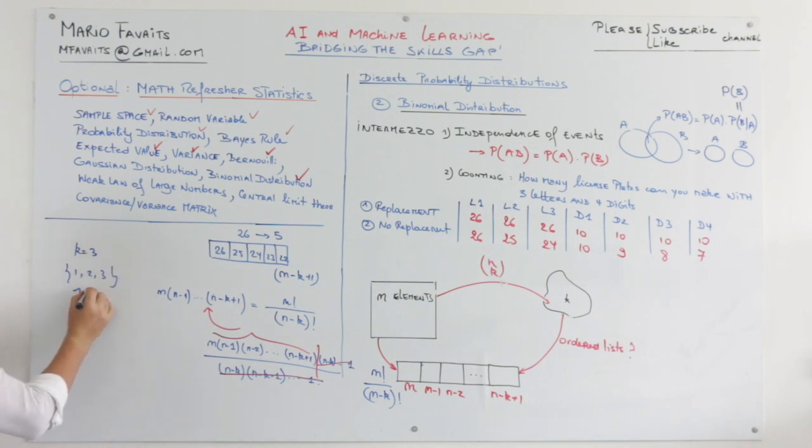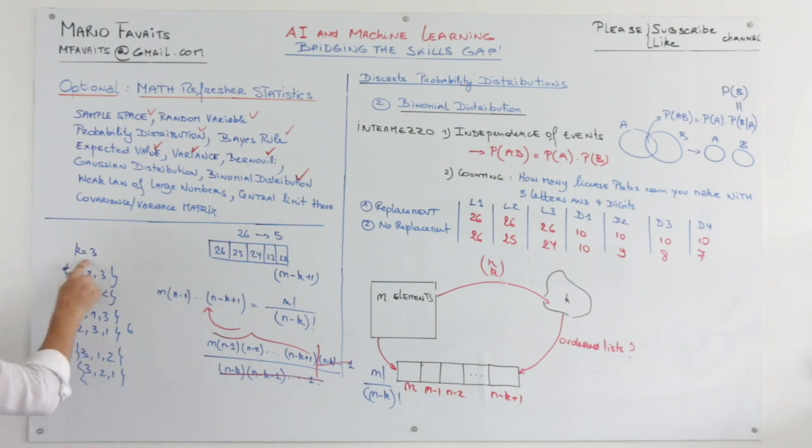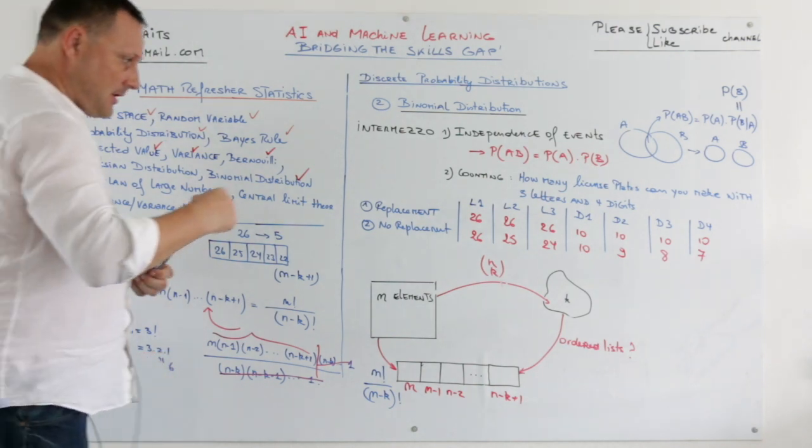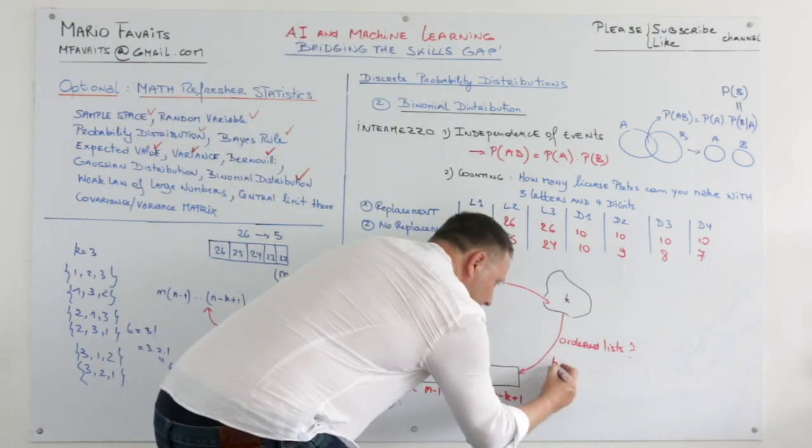And of course I can swap the 3 and the 2, or put the 2 in front: 2, 1, 3, 2, 3, 1. And then I have 3, 1, 2 and 3, 2, 1. So I have 6 ordered lists that I can make when k is 3. But 6 is exactly 3 factorial, 3 times 2 times 1 equals 6. So this here is going to be k factorial.